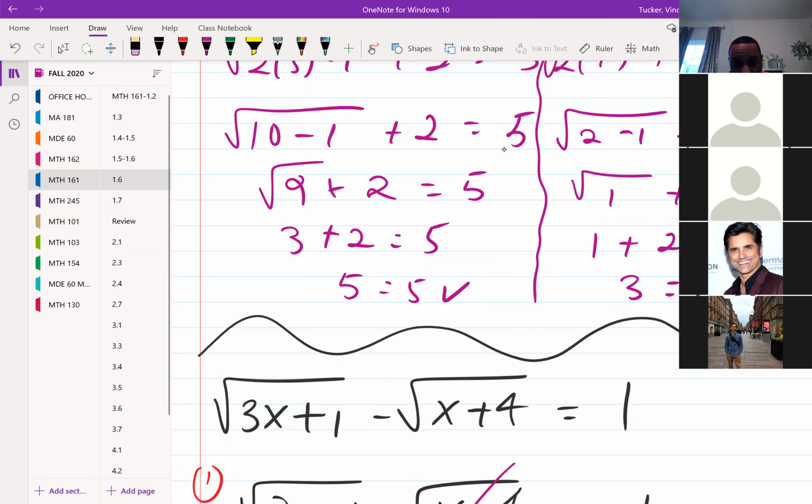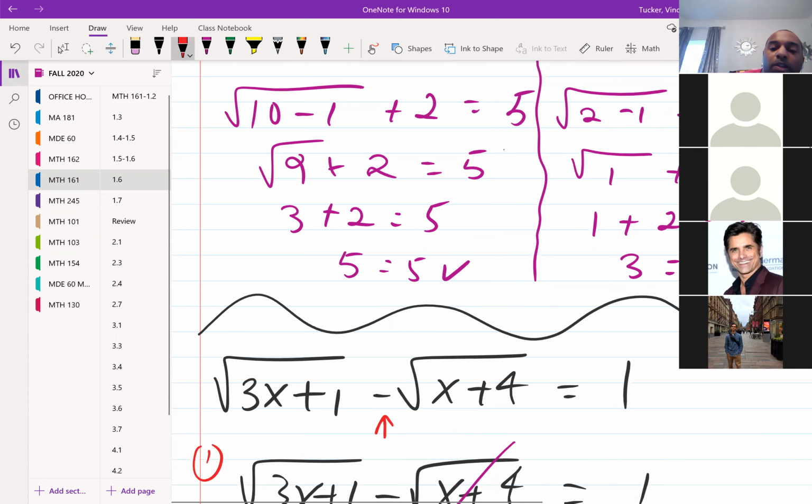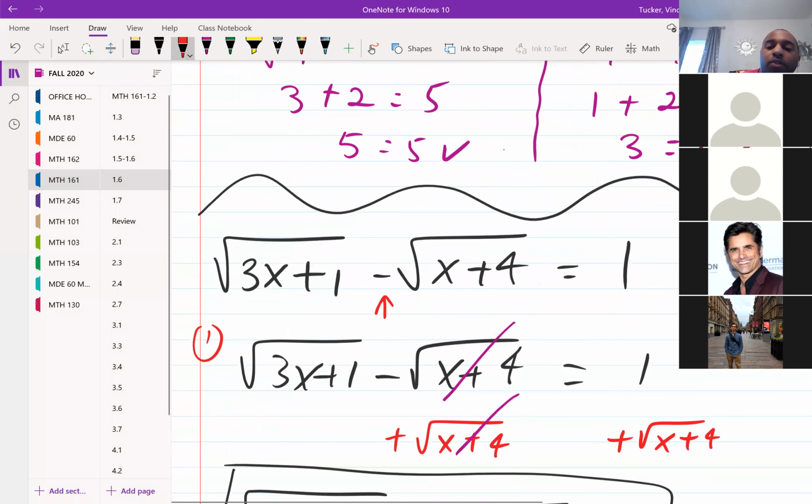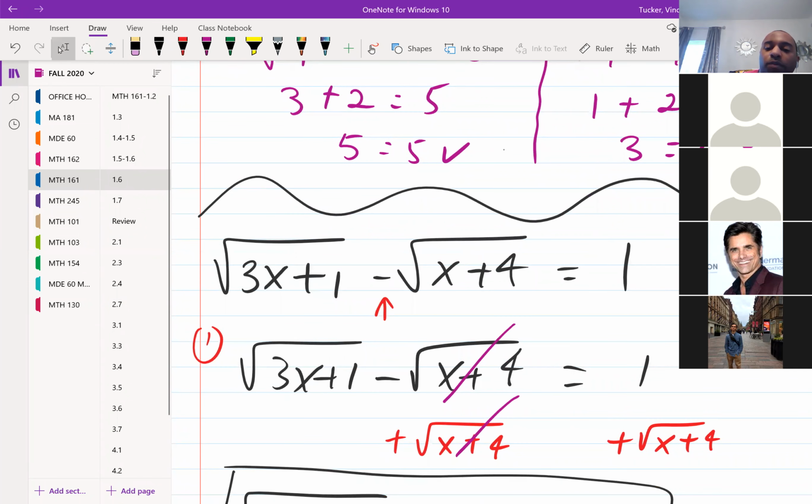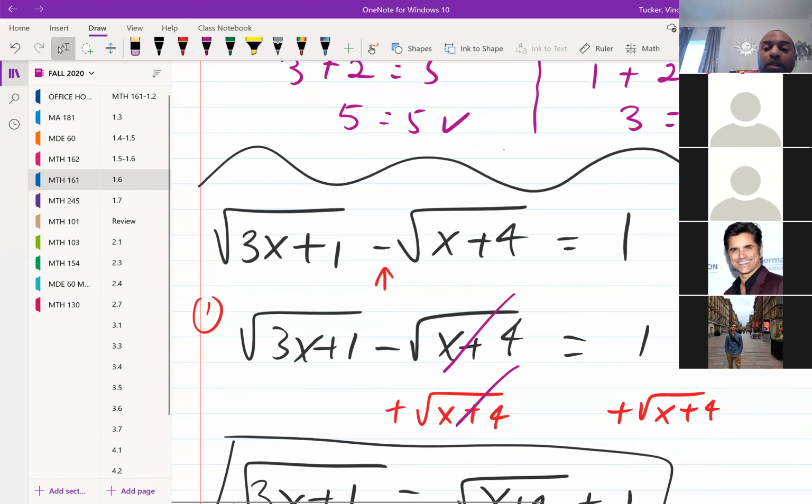Doesn't matter which one you move. If you do everything correctly, you still come up with the same solution. The easiest one to move is this one because it has the minus sign sitting right there. So if we add the square root of x plus 4 to both sides.